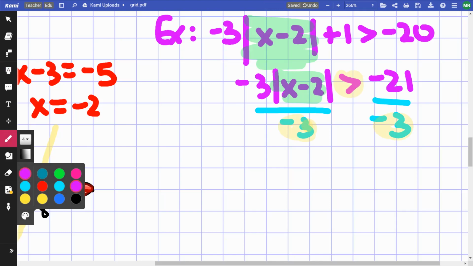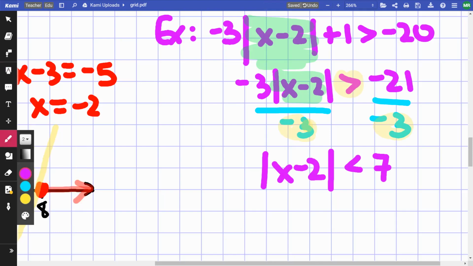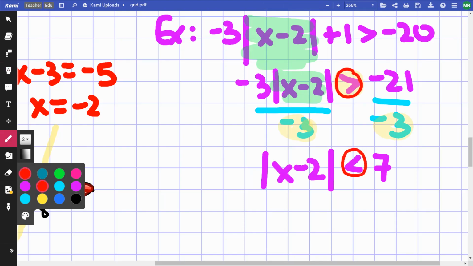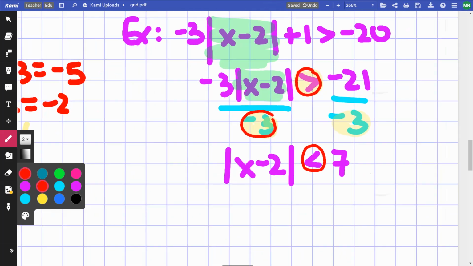So I'm going to end up getting the absolute value of x minus 2, not greater than, but less than 7. Again, I need to switch. It was a greater than, now it's a less than, because I divided by a -3.